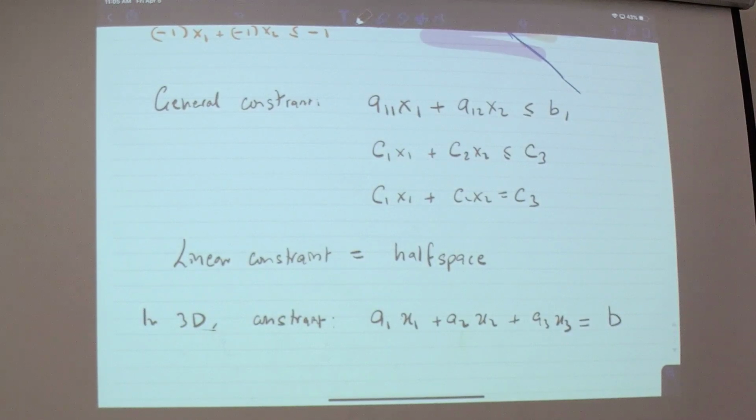What is this the equation of? A plane, right? Say a piece of paper is my plane. Depending on the values of a1, a2, and a3, this plane will move. But it's a plane which goes to infinity, and the inequality says everything on this side.